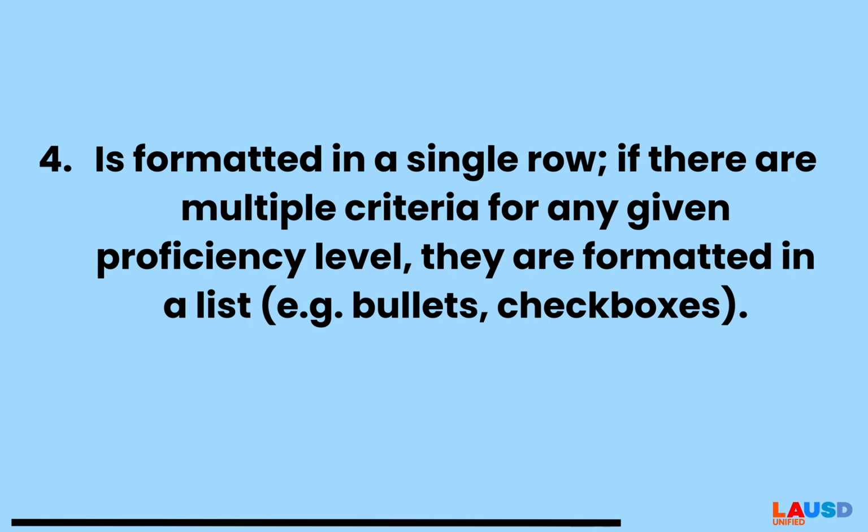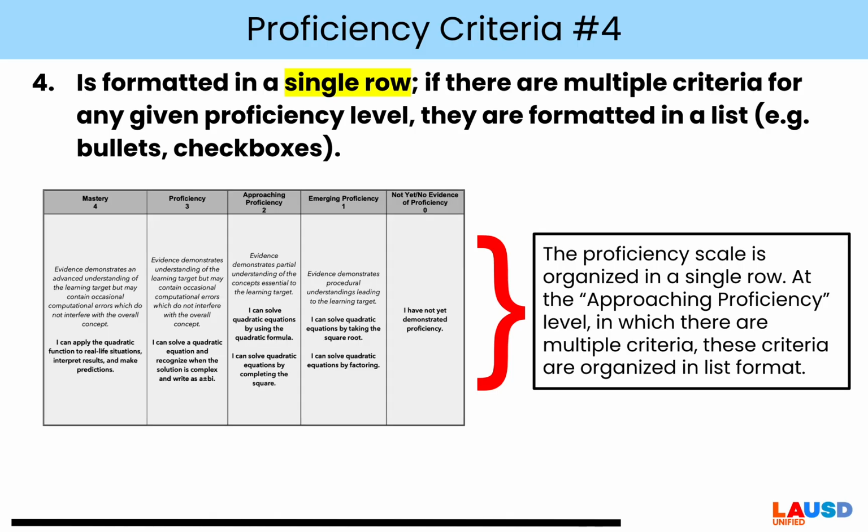Our fourth criteria is formatted in a single row. If there are multiple criteria for any given proficiency level, they are formatted in a list, for example, bullets or checkboxes. So we can see, focusing on this part of the proficiency scale, that all of the criteria is contained in a single row on the rubric. There are not multiple rows where multiple skills or requirements are being outlined.